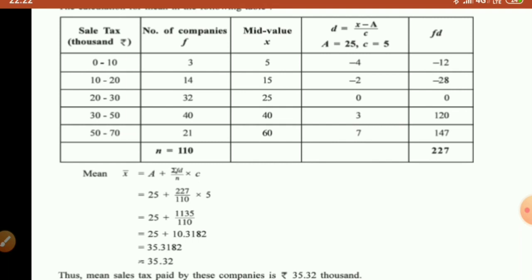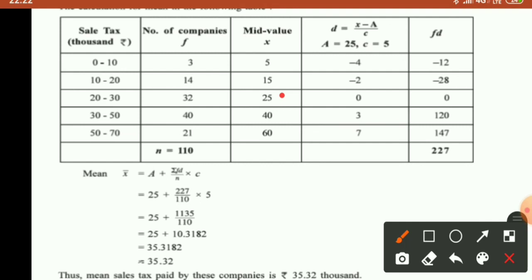You can take any value from the mid values, that is xi. For the sake of betterment, we will take the middle observation, a equal to 25. We divide all the observations by 5 in order to reduce the values.